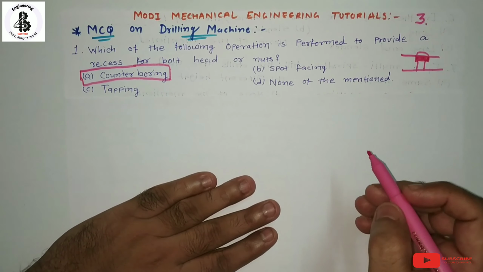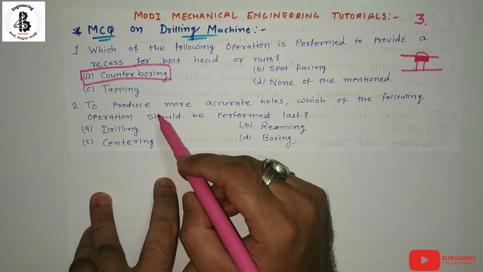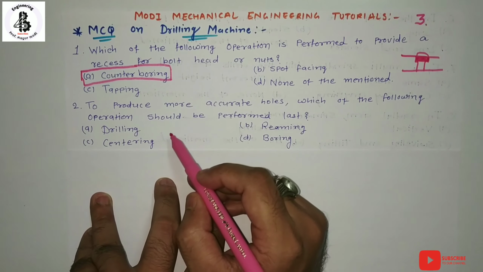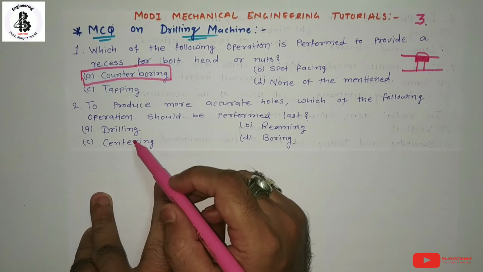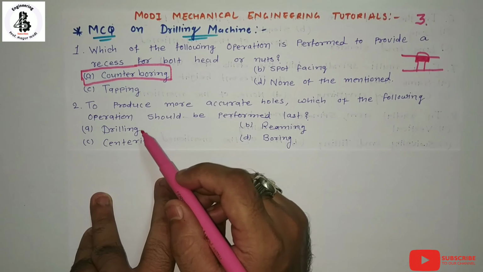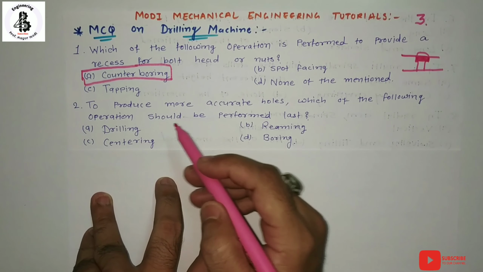Then we will discuss the next question. To produce more accurate holes, which of the following operations should be performed last? Option A, drilling. Drilling is used to make a hole, so that will not be the last operation.